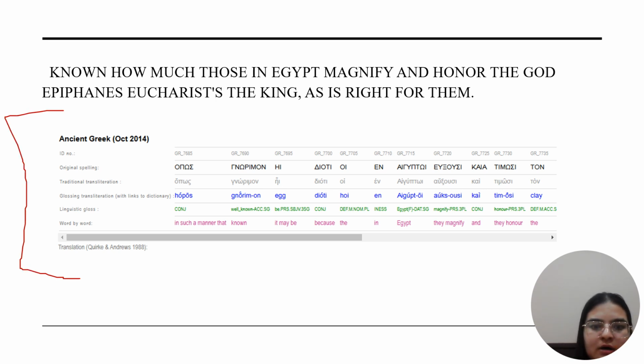It shows how much the Egyptians magnify and honor the God. Epiphanes ensures the king is a rightful king. This particular section is talking about the new rules passed by the king, and the Egyptians should follow them as well.